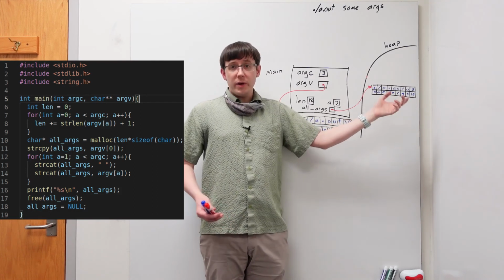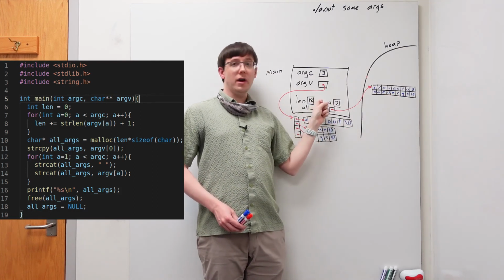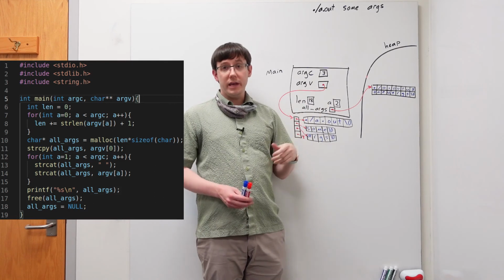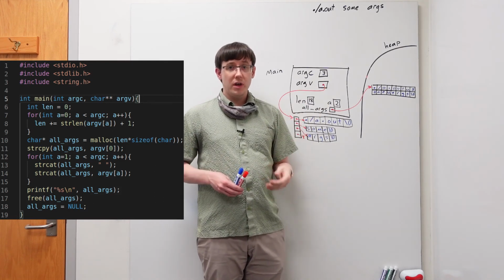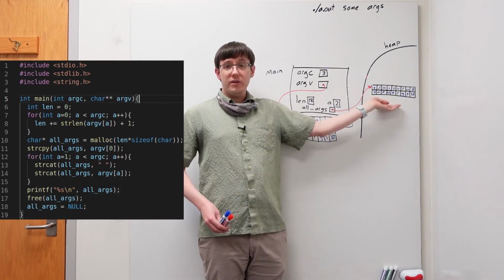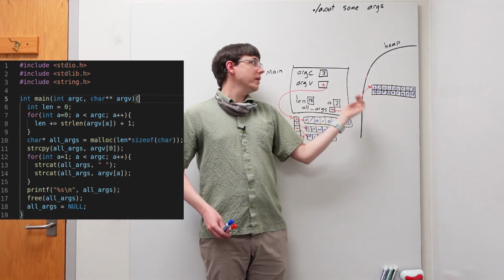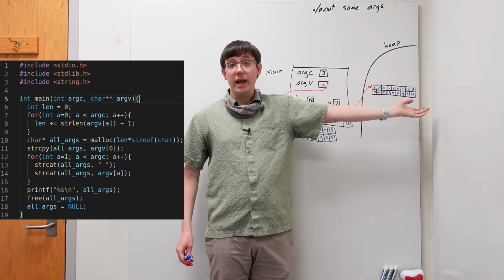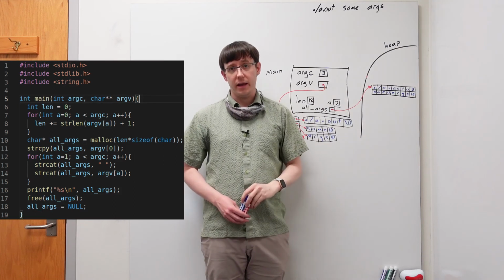Of note, if we had gotten our calculation of the length wrong, the string library functions don't know how big the destination is, and so they could easily have run out the end of the space we had allocated.